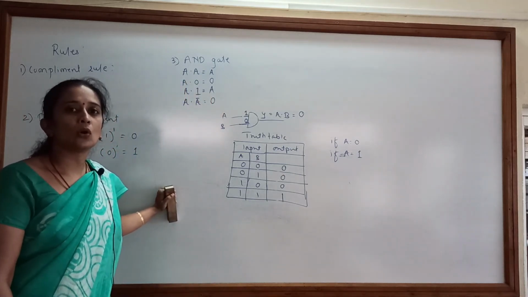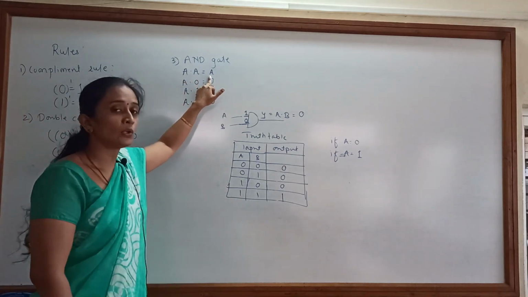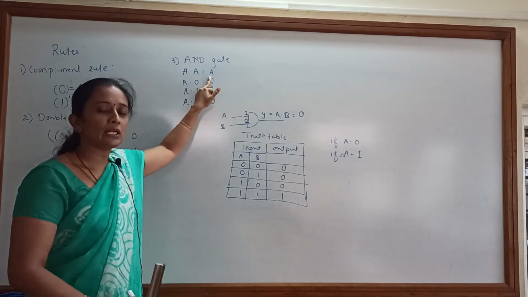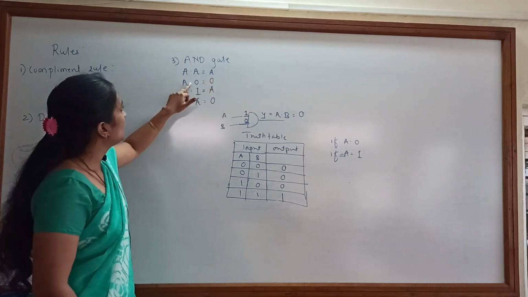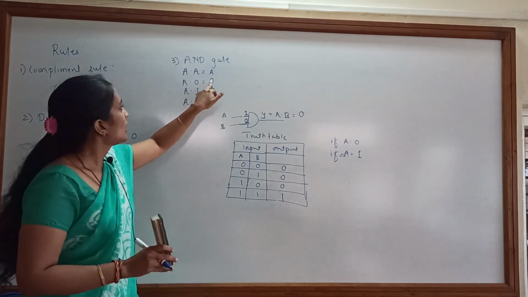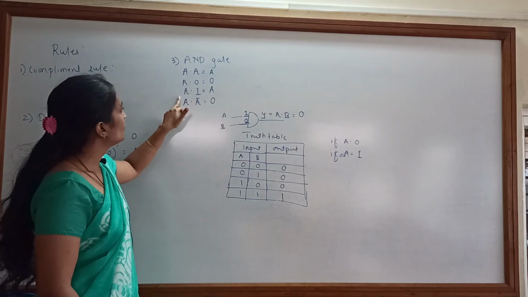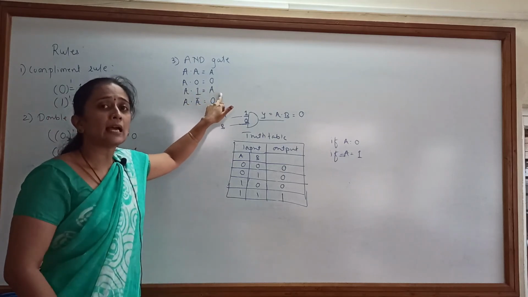These are the rules for AND gate. First rule is A into A is equal to A, same number. If we multiply number by the same number, we will get the same number. A into 0. If we multiply any number with the 0, answer will be 0. If we multiply any number with the 1, answer will be that number.